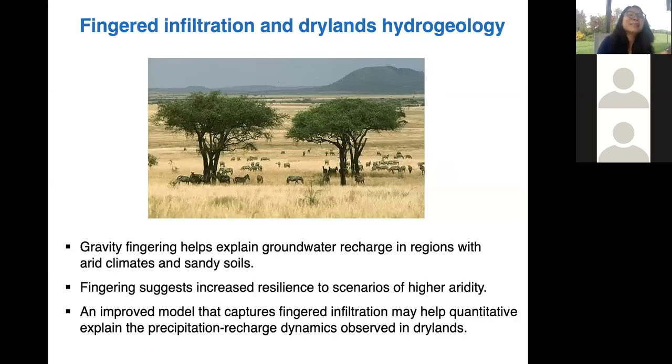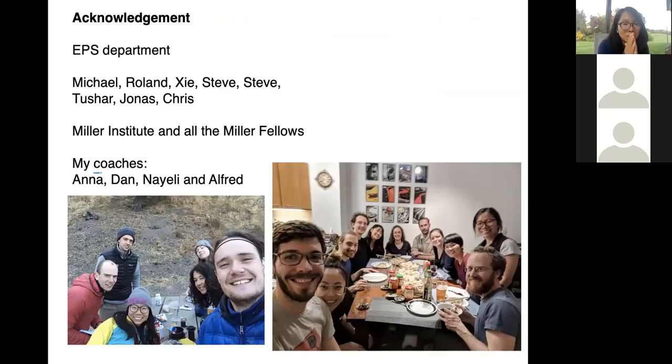I want to quickly acknowledge people and departments that have really made a huge impact on my time as a Miller Fellow. I want to first thank the EPS department. I'm really grateful for their hospitality to accommodate someone like me, who is originally from a very different kind of PhD department.